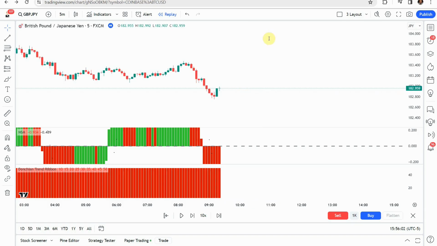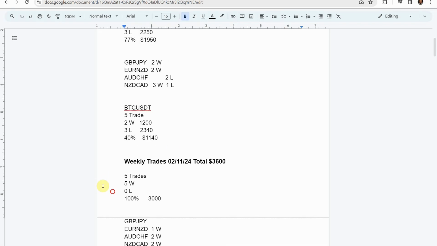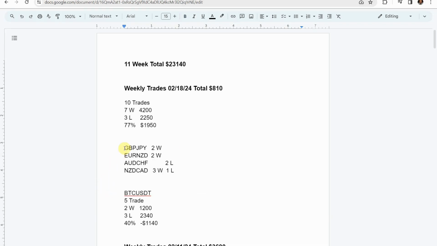Let's go ahead and take a look at our weekly signals here. And so this is using the Academy of Forex indicator on these 4 Forex pairs. This one crypto coin, this is on the 30-minute time frame each week. And so last week on the Forex pairs, we had 10 trades altogether. We had 7 winning trades, 3 losing trades, putting it at a 77% win rate. Would have been a gain of $1,950.